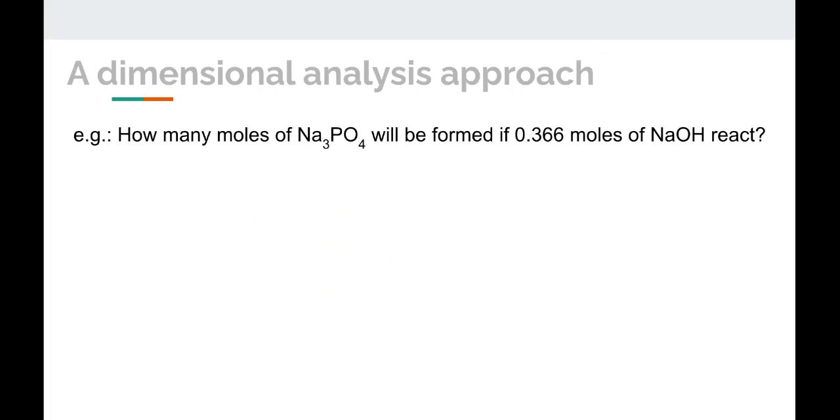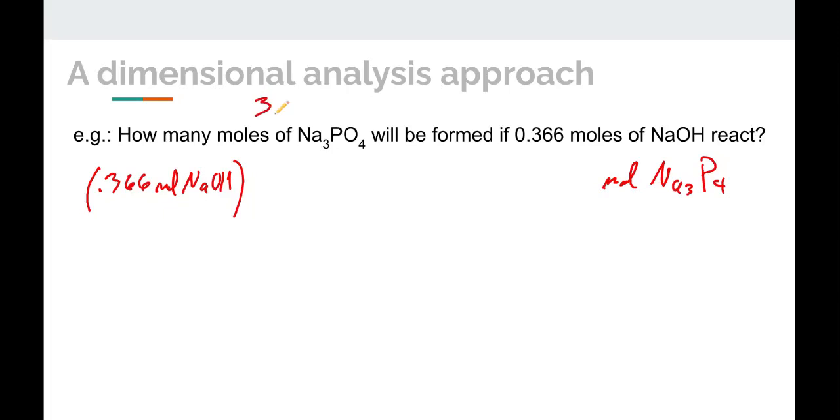Here's another way of doing this problem. We can take a dimensional analysis approach. So here's how we can set this up. We'll start out with our 0.366 moles of NaOH. And we're going to use a stoichiometric equivalency, or a mole ratio, as a dimensional analysis factor, knowing that we want to end up with moles of Na3PO4. Remember that our equation is 3 NaOH plus H3PO4 makes Na3PO4 plus 3 H2O.